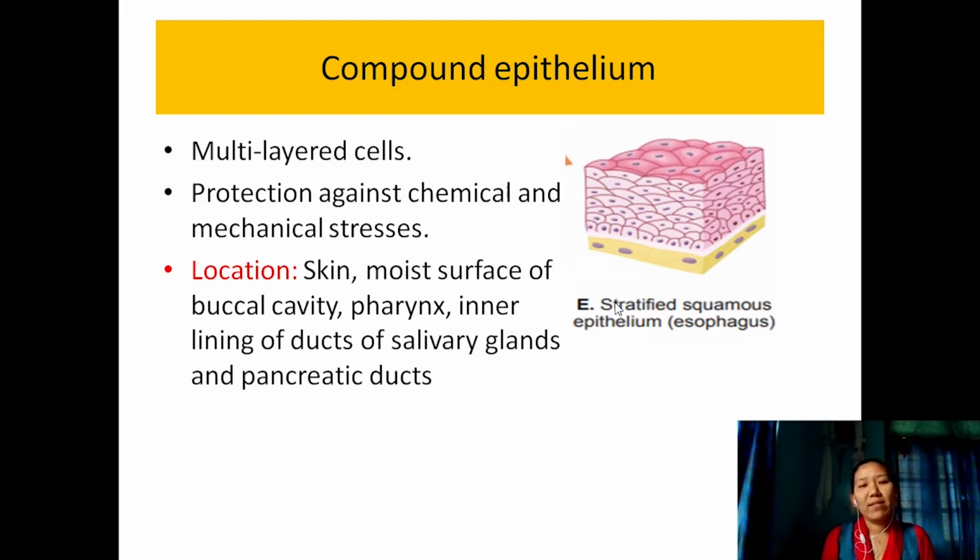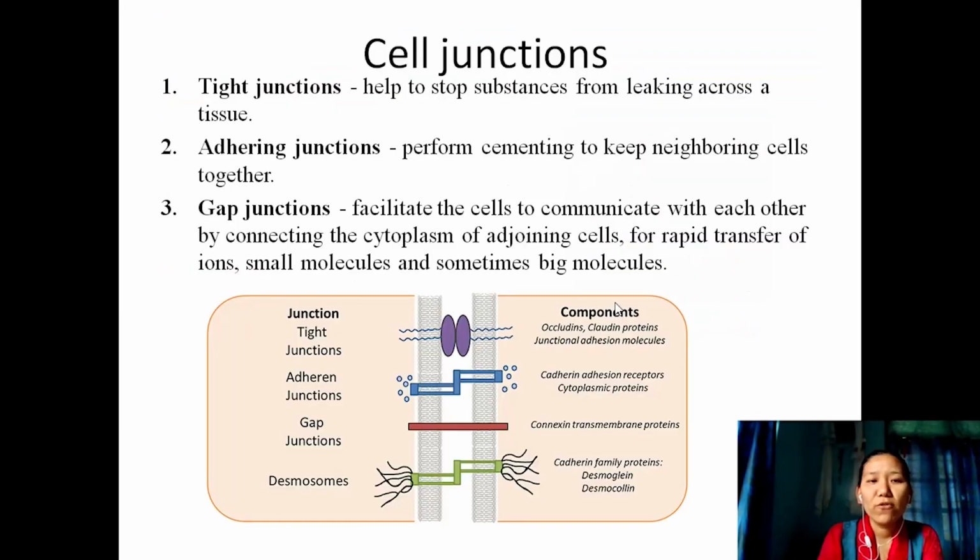In the introduction about epithelial tissue, we learned that it has very little intercellular matrix, so the cells are placed very close to each other, and in such cells you will also find junctions.